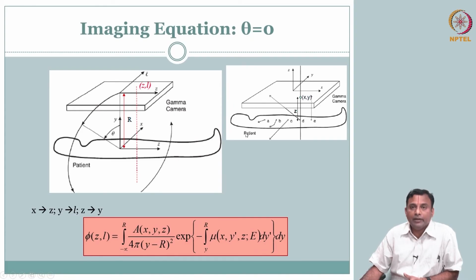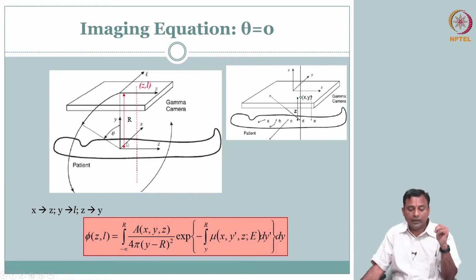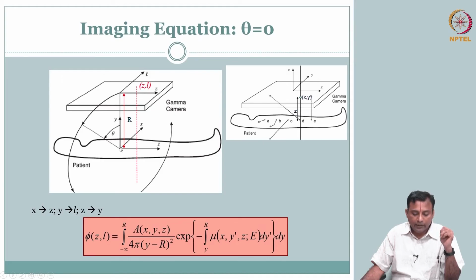In that case, what you are getting in the detector is integration through your y direction. But if I take theta at some other angle, it need not be. If you take it at 90 degrees, then you are integrating along the x axis, clear.